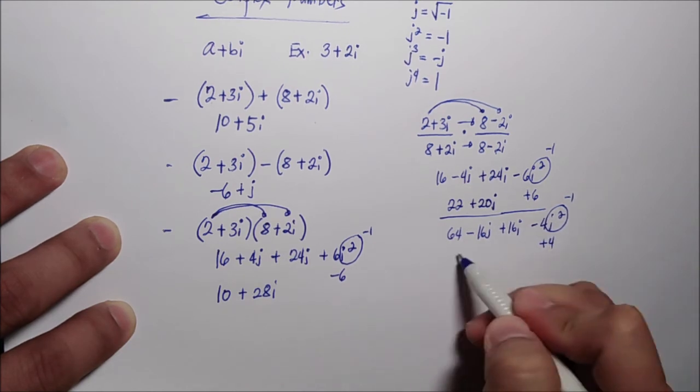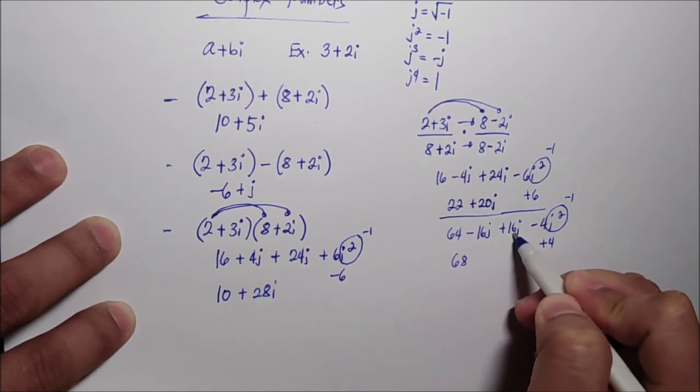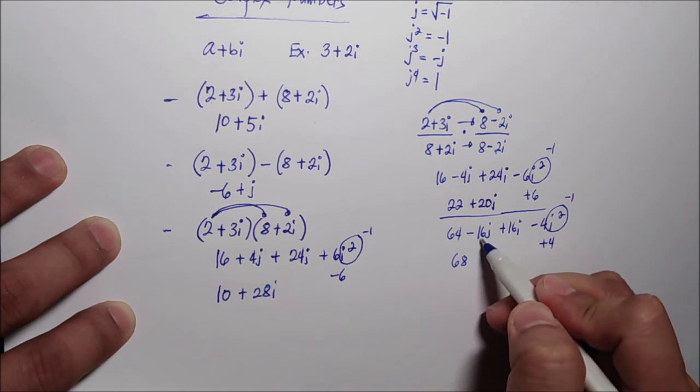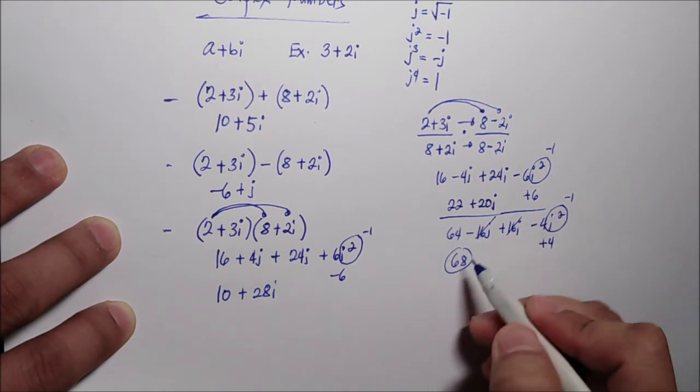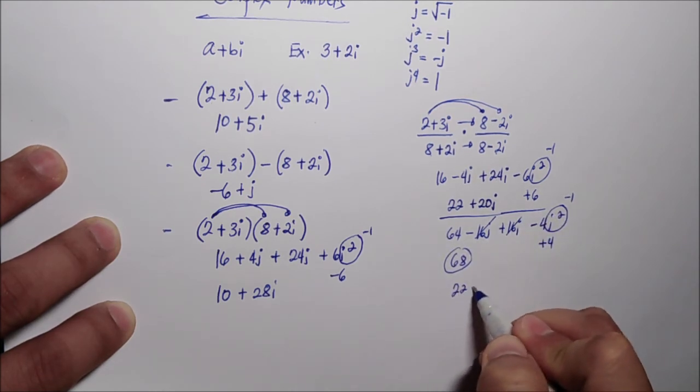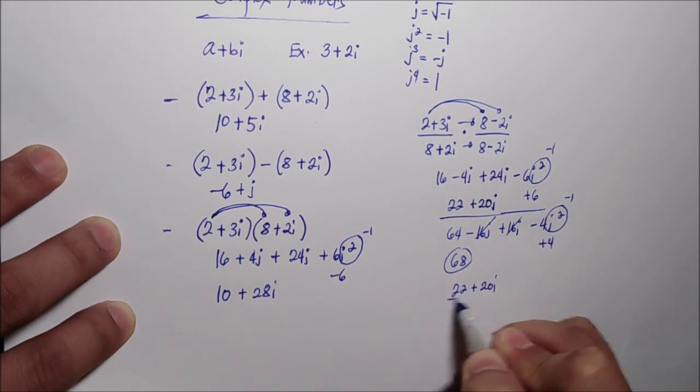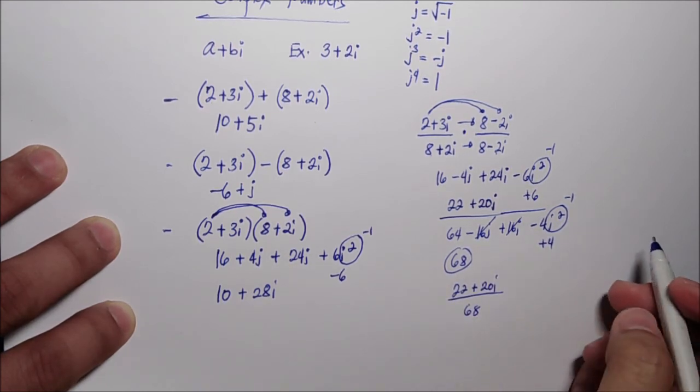So 64 plus 4 is 68. And then minus 16i plus 16i cancels out, becomes 0. So over 68. Our answer is 22 plus 20i over 68.